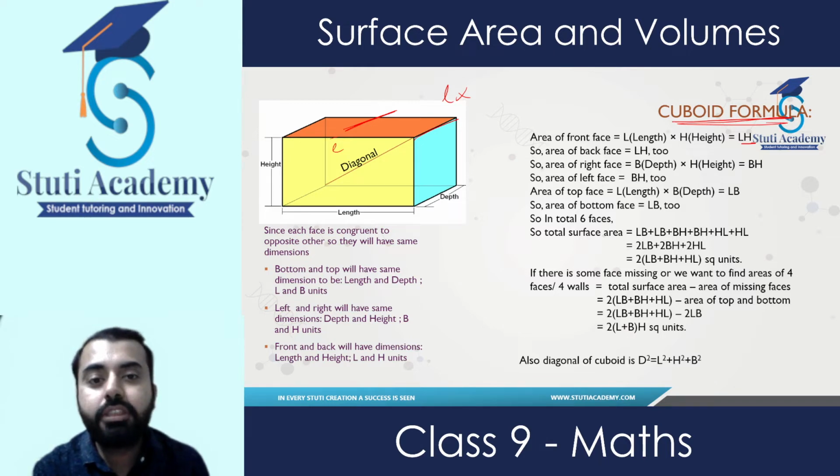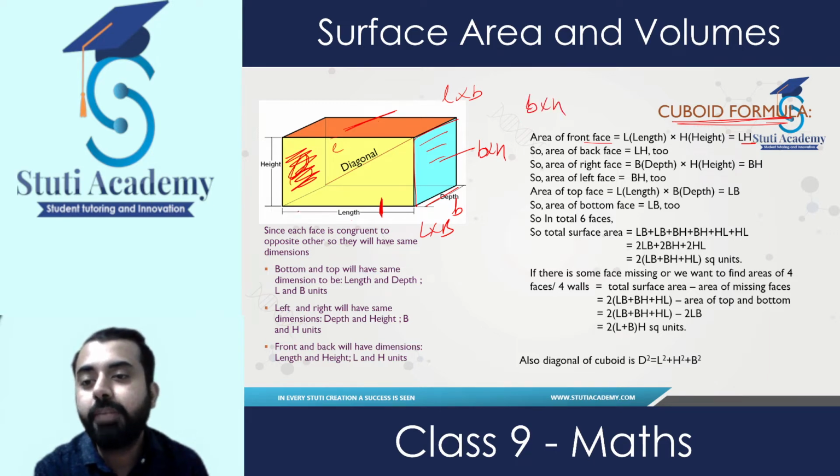Considering I have just written the front face here, I consider this one length, this one breadth and this one height, but you can call them whatever you want. If I consider this face, length into breadth, similarly your base area will be length times breadth. If you consider this face, you have a depth that will be height, and its area will be breadth times height. Your left and right areas will both be breadth times height.